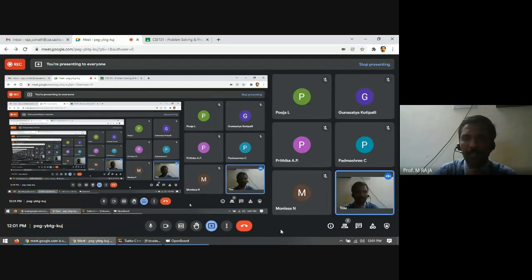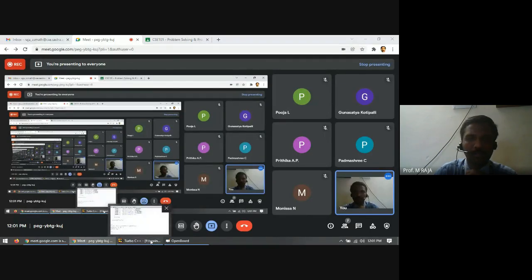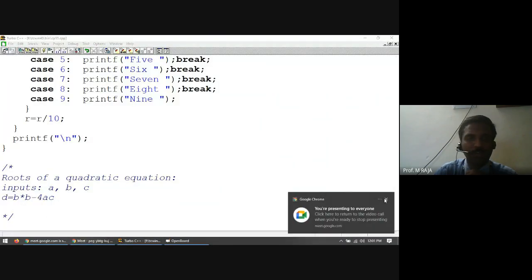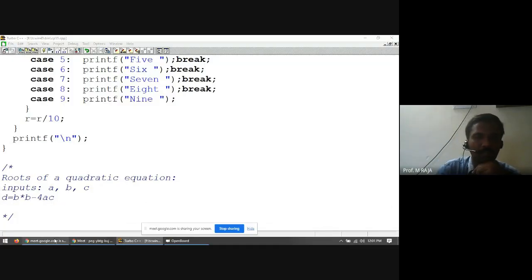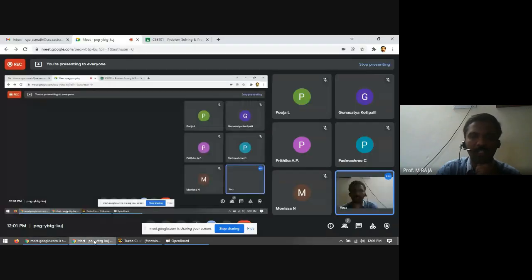Has anyone completed? Have you completed this problem, finding the roots of a quadratic equation? Do you have any doubts from the previous session?